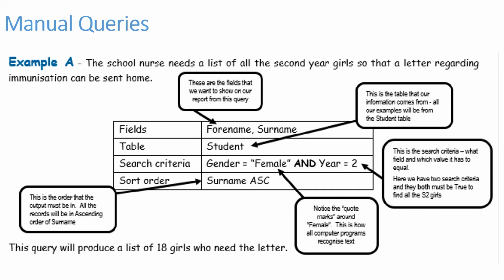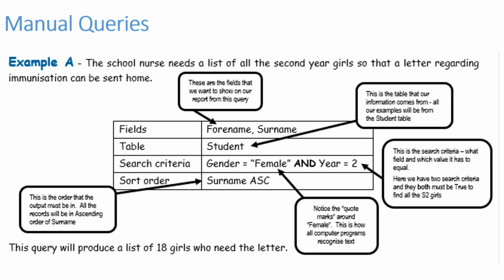And if you look at the example A sentence at the top, that's exactly the kind of information that we're looking for. The school nurse needs a list of all of the second year girls so that a letter regarding immunisation could be sent home. So with that search criteria, where all of the records must have gender female and year 2, that's going to return the information that we're looking for.